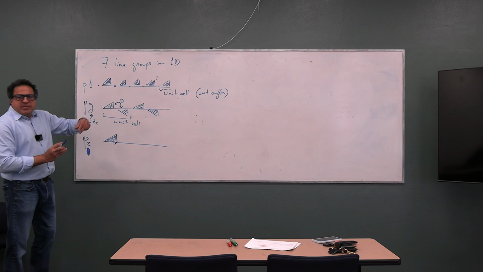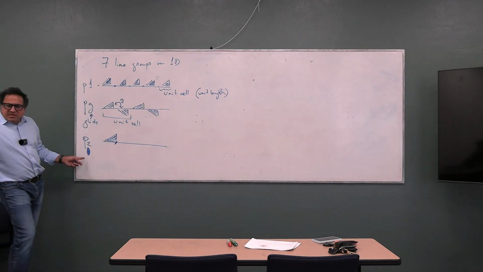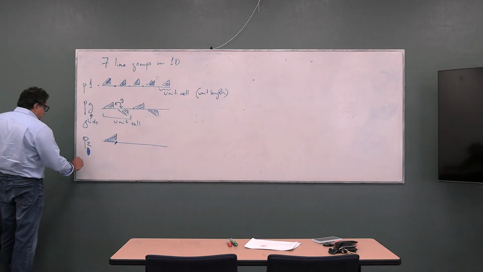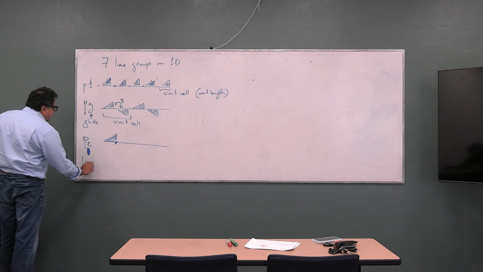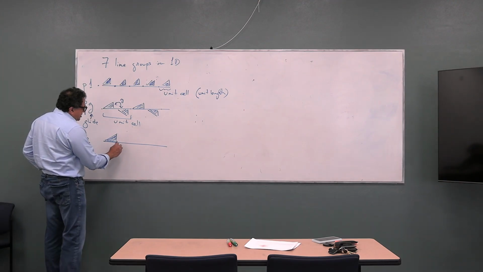Like a little bit like a football, right? The technical term for such a shape is a lozenge. So I put the lozenge here, that's the symmetry operation.